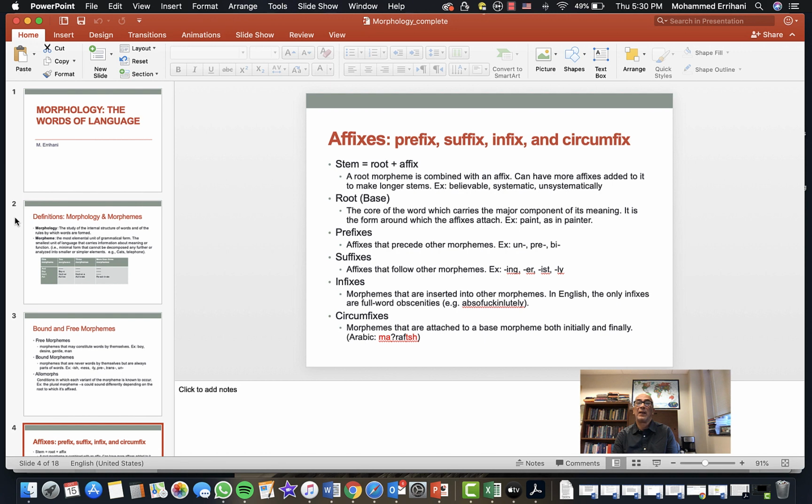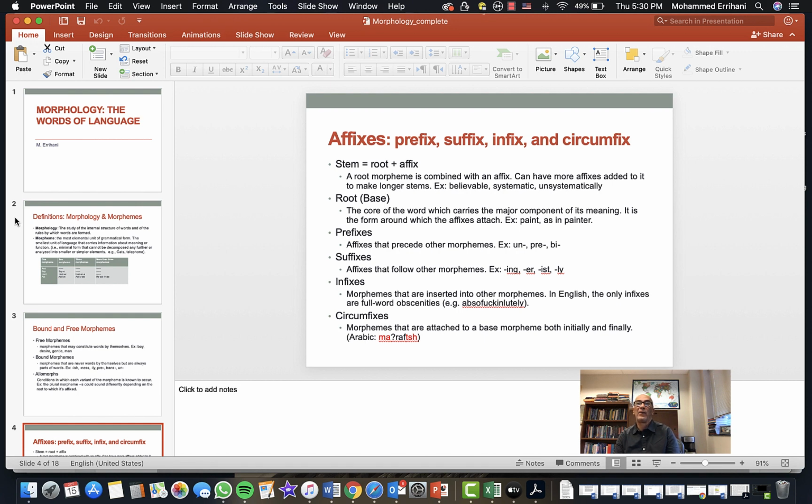Infixes, on the other hand, are typically inserted into other morphemes. They occur in the middle. In English, the only infixes that exist are full-word obscenities, such as abso-fucking-lutely.